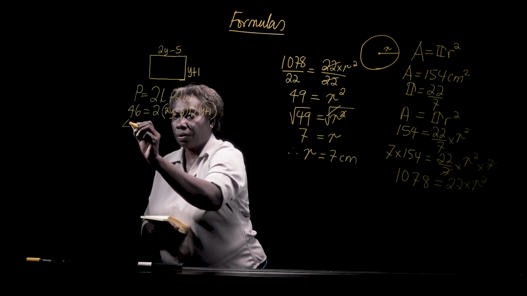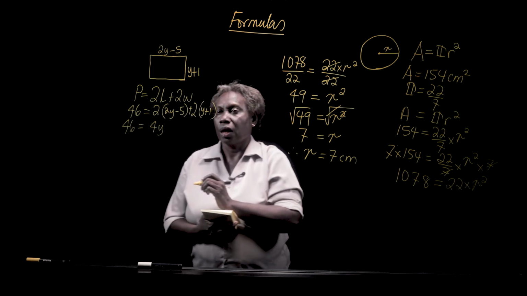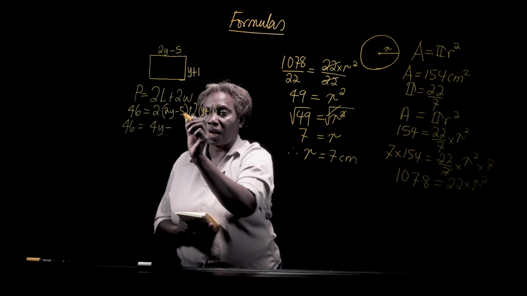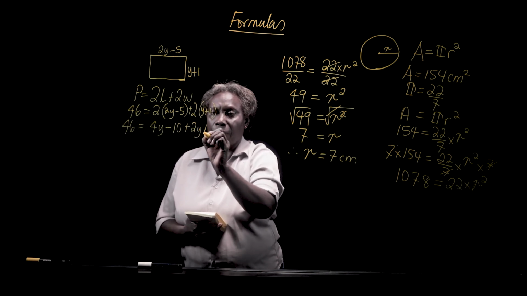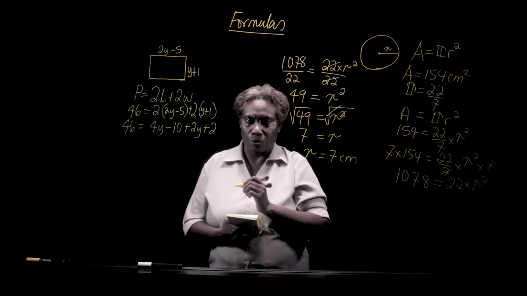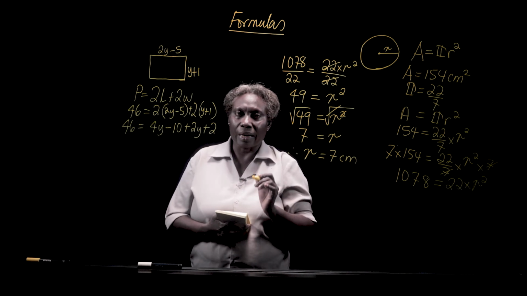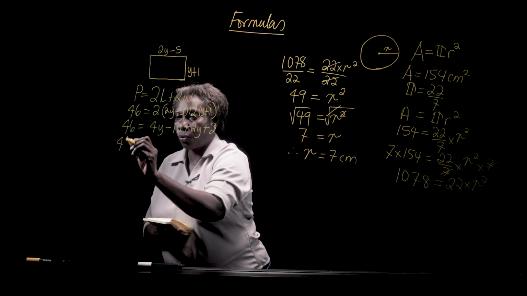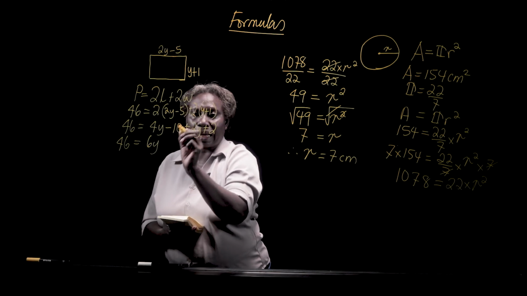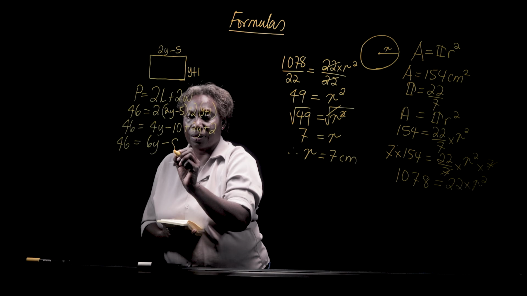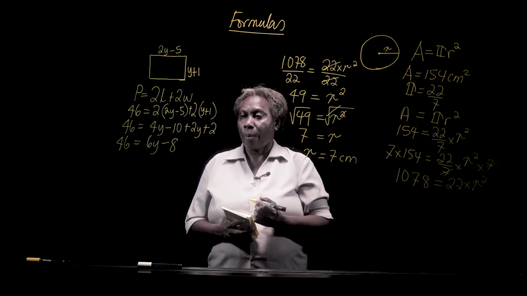So we have 46 equals 4y, 2 times 2y is 4y, minus 2 times 5 is 10, plus 2 times y is 2y, plus 2 times 1 is 2. Again, we collect the letters and the numbers together. So we have 46 equals 4y plus 2y is 6y, negative 10 plus 2 is negative 8. So we have an equation now: 46 equals 6y minus 8.